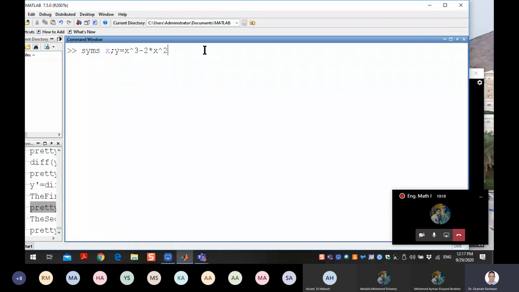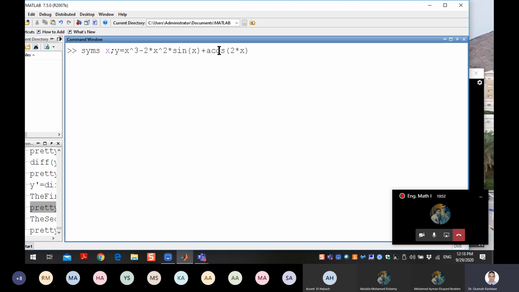So asterisk, shift and 8, sine x. The angle should be between brackets because it's a function. When you write a function, you write f, open bracket, the variable, and you close the bracket. Plus cosine inverse. How to write cosine inverse? It is a cosine, so a instead of inverse. Cosine, what is the angle? It is 2x. So I have 2 star x. This is the y. I finish it.